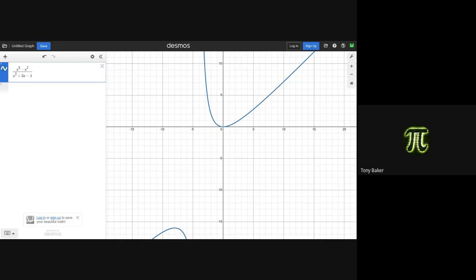So that would be from the left. If we were going from the right, this part right there would end up being positive because the 4 is always going to be bigger than that number, and the top's still going to be positive because it's squared. So we would have gone to positive infinity.